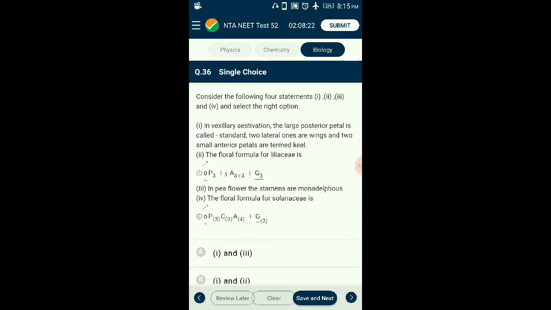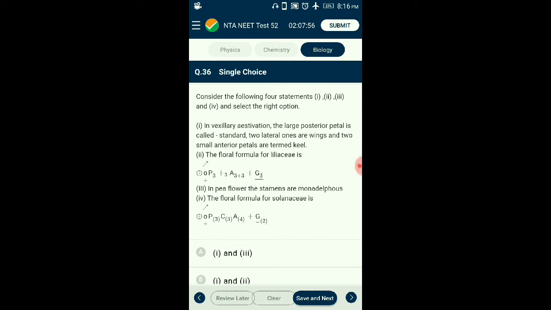Question number 36. Consider the following four statements and select the right option. Vexillary or descending imbricate, the posterior petal is outermost and largest. The standard or vexillum covers two lateral petals. These two lateral petals cover the two anterior ones. Vexillary arrangement is present in the pea family, for example pea, bean.